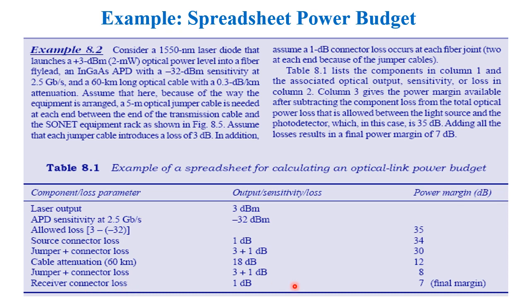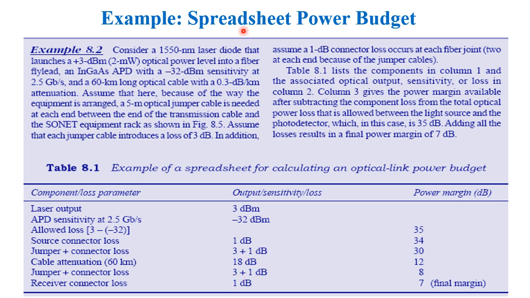Receiver connector loss is 1 decibel. So this is according to the statement given here. Here 1 decibel connector loss is given, and 2 at each end because of the jumper cables. So this fiber joint is connected by means of 2 jumper cables, so we write the jumper and connector loss 2 times, 3 plus 1 dB, 3 plus 1 dB.